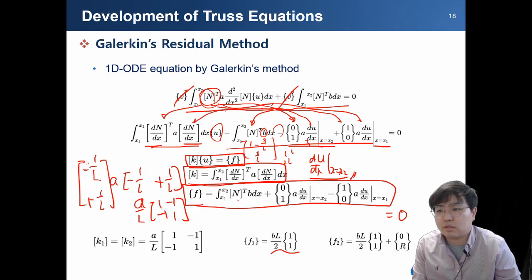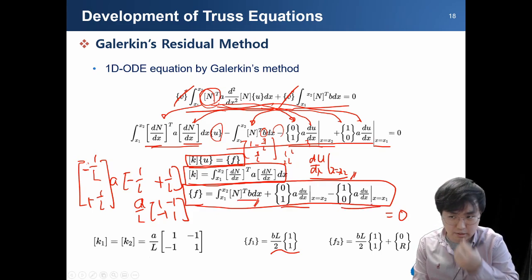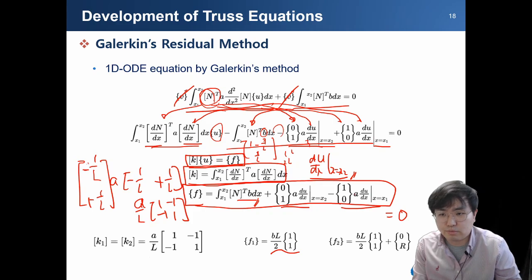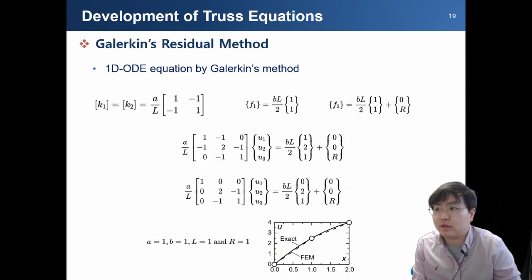This is a body force, and this is a surface nodal force here. To solve this equation, you should know the boundary conditions here. So in this way you can obtain the solution, and we have two elements here.